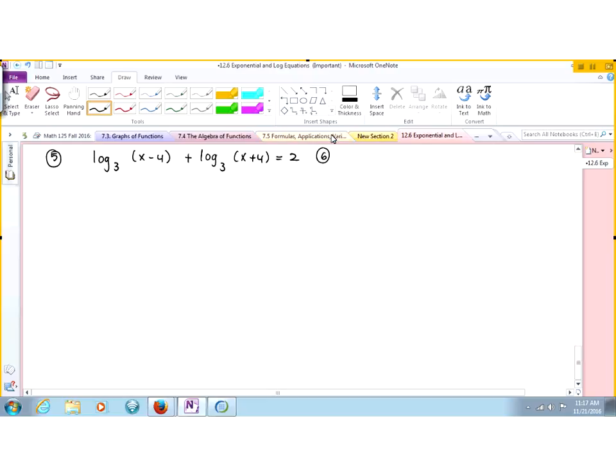And then number 6, we have log base 2 of x minus 2 plus log base 2 of x is equal to 3.